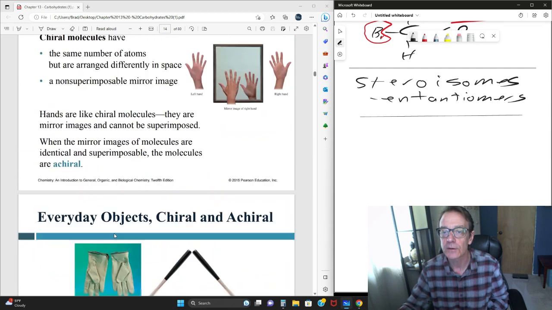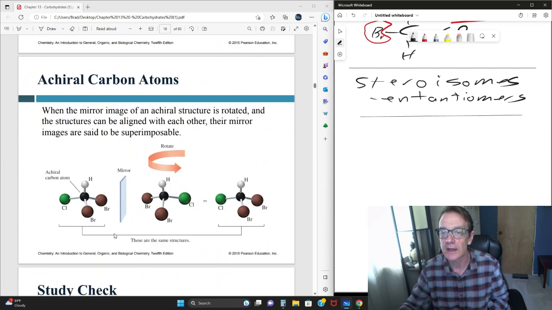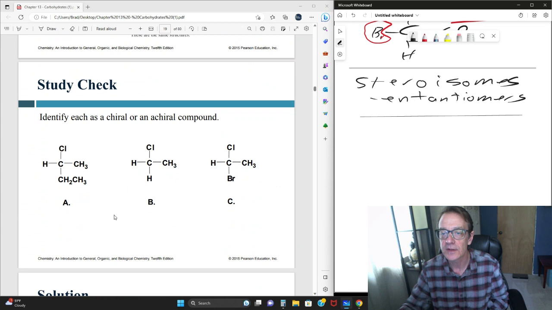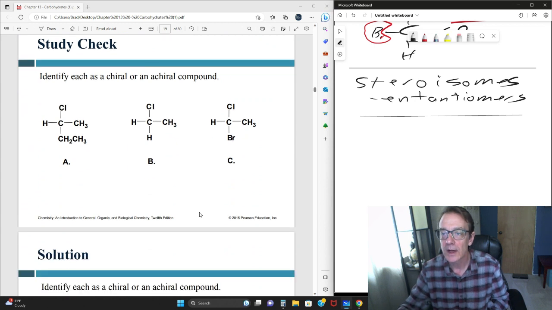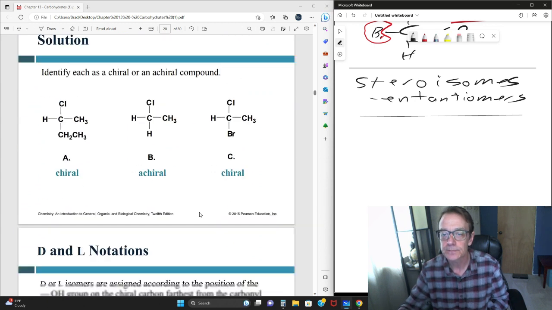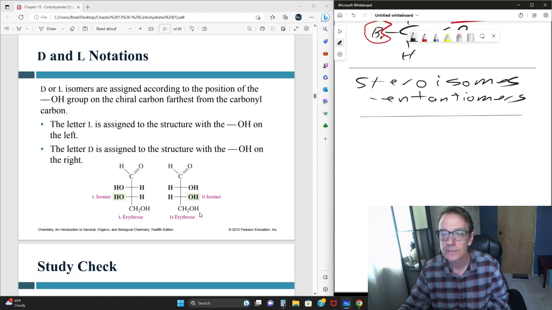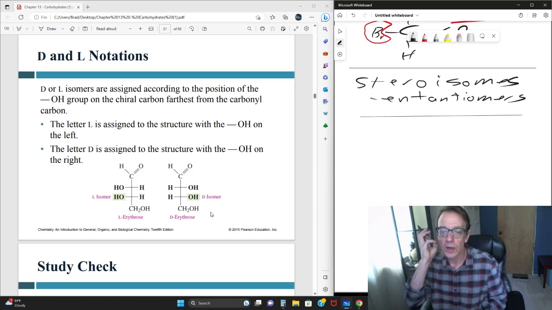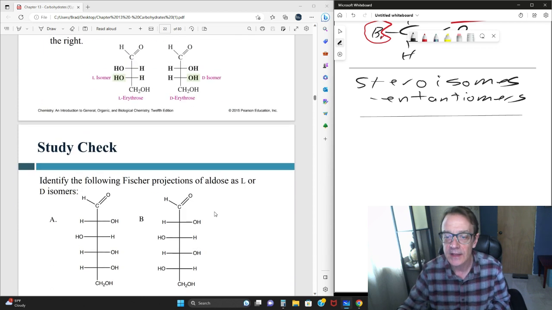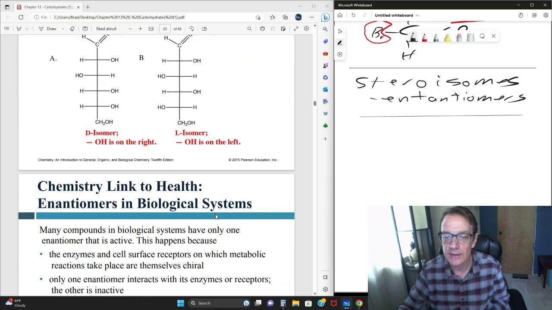No, I'll look at structural isomers tomorrow. I don't want to introduce that concept today, since I'm just on such a roll with chirality here. All right.